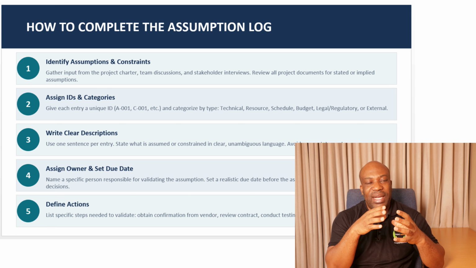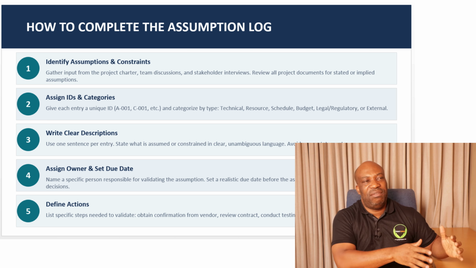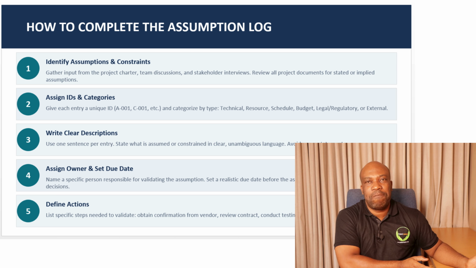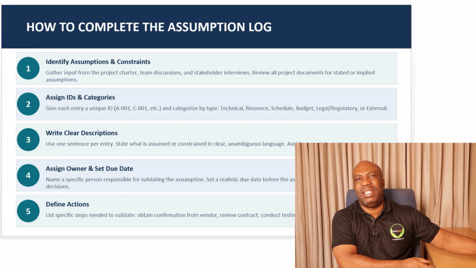Then step number four, you need to assign an owner and set the date. Name a specific person responsible for validating the assumption and set realistic due dates before the assumption affects project planning decisions. So when you are completing the assumption log, make sure that you have a responsible party, the name of a person. I've seen some other project managers making mistakes. They just put the department name, for example, ICT.